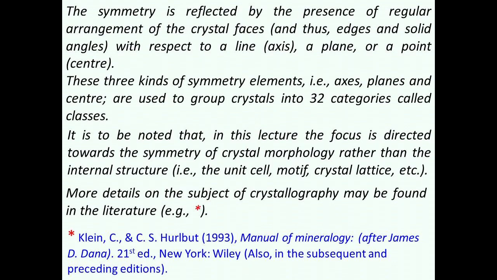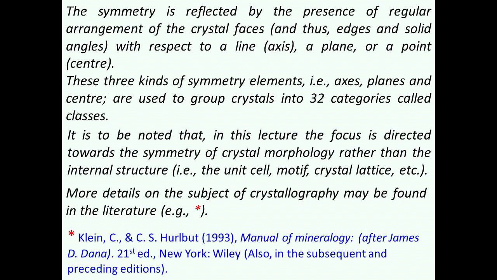Elements of symmetry. The symmetry is reflected by the presence of regular arrangement of the crystal faces and thus edges and solid angles with respect to a line as an axis, a plane, or a point as a center. These 3 kinds of symmetry elements, that is to say, axes, planes, and center, are used to group crystals into 32 categories called classes.